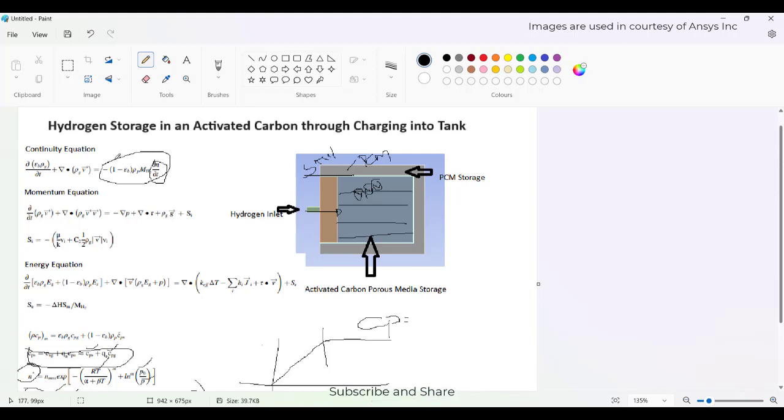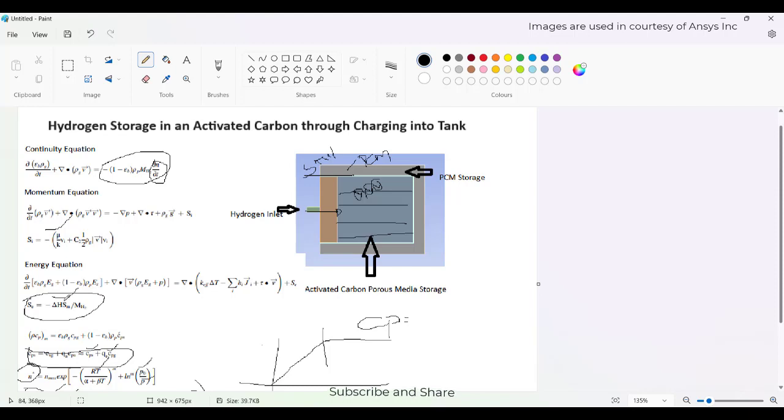That reduction is given through this equation, and there is a porosity of this hydrogen present inside the carbon. So the porosity effects are also taken using the momentum equation, and it releases some energy as it is being deposited. So that energy also is taken care of using this equation source term, which is Sc equals minus delta H Sm by molecular weight of hydrogen.